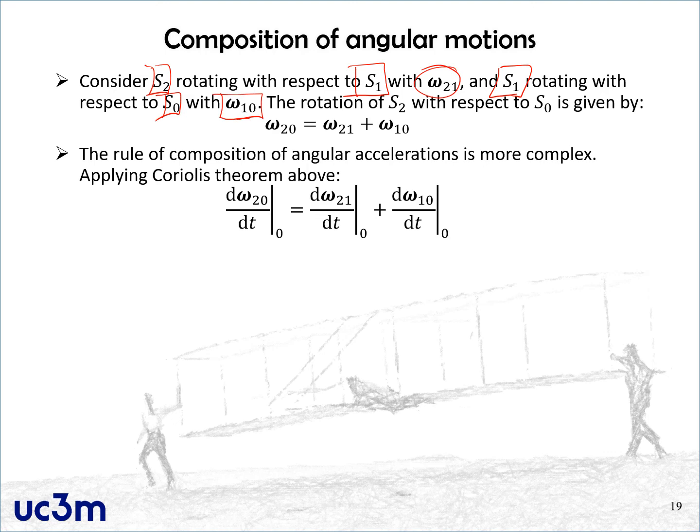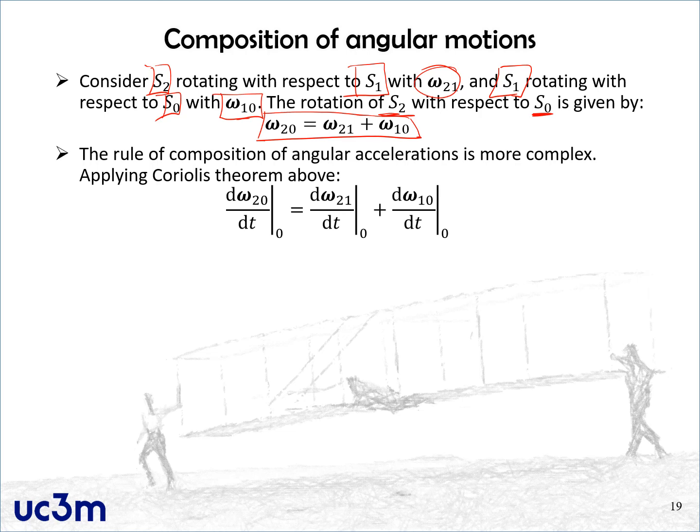Now the question is, what is the angular velocity of reference frame 2 with respect to reference frame 0? Well, the rule is quite simple. We just have to add together the angular velocities, so you just have to compound them in this way. If you do, you get the angular velocity of 2 with respect to 0.